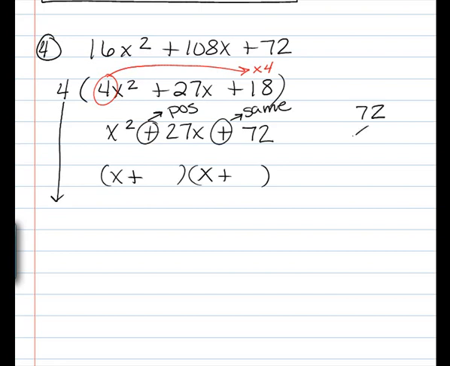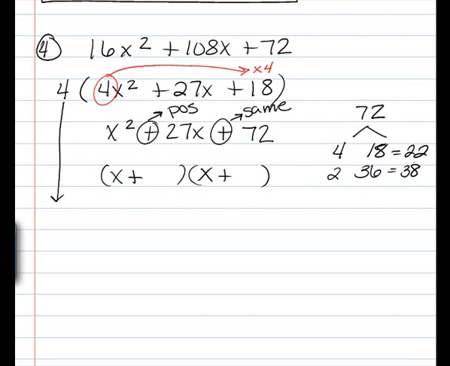I need to multiply to 72 and add to 27. Now again, I started off with what I multiplied to begin with, which was 4 and 18. But when I add that together, I get 22. So I need to get a little smaller than 4. So the next thing I tried was 2. And I said, what's 2 and 36, which gives us 38.